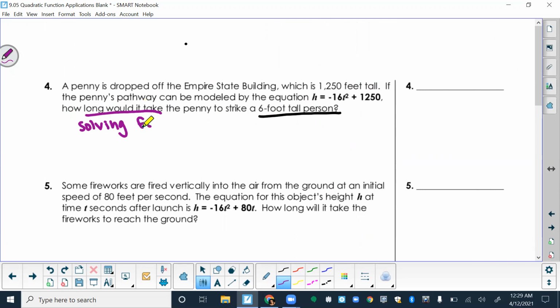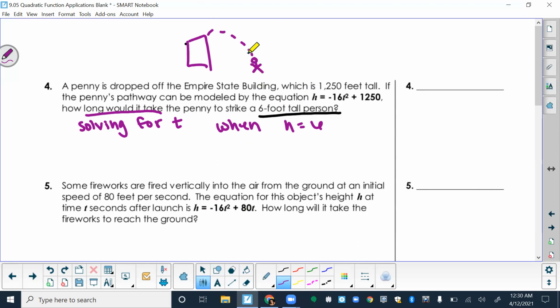So we're solving for t when h equals 6. Because if we're waiting for it to hit a 6-foot tall person, here's my building, with pennies being thrown off of here.